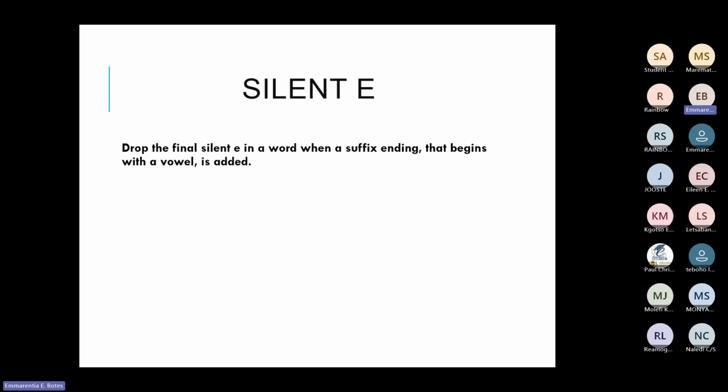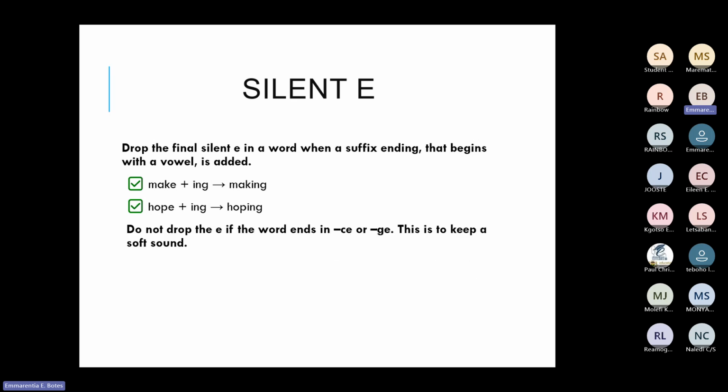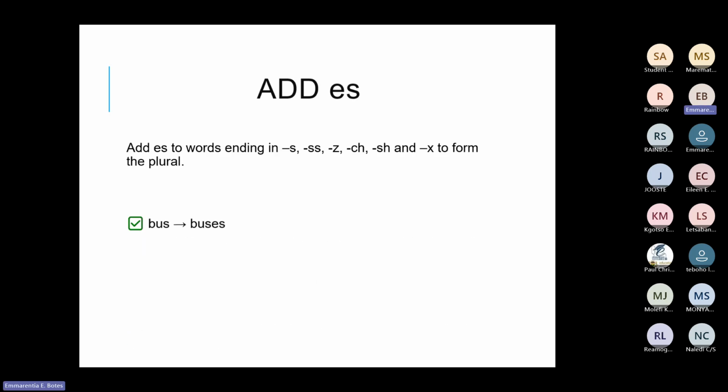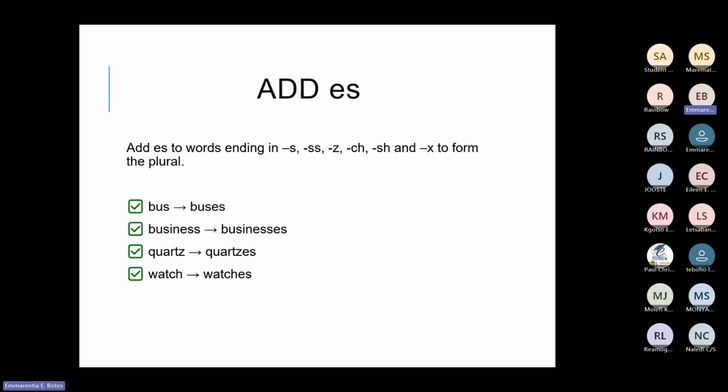Remember about the silent E, that you have to drop it in a word when a suffix ending that begins with a vowel is added, but you do not drop the E if it's CE or GE. This keeps it soft. You add ES to these words to form the plural.